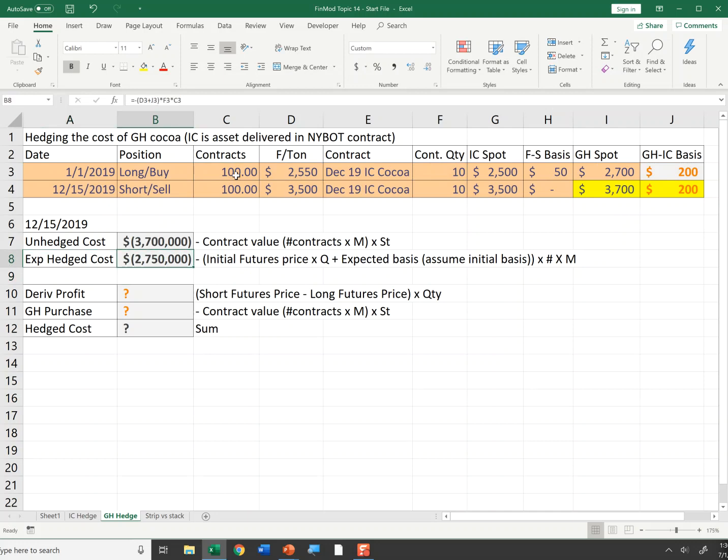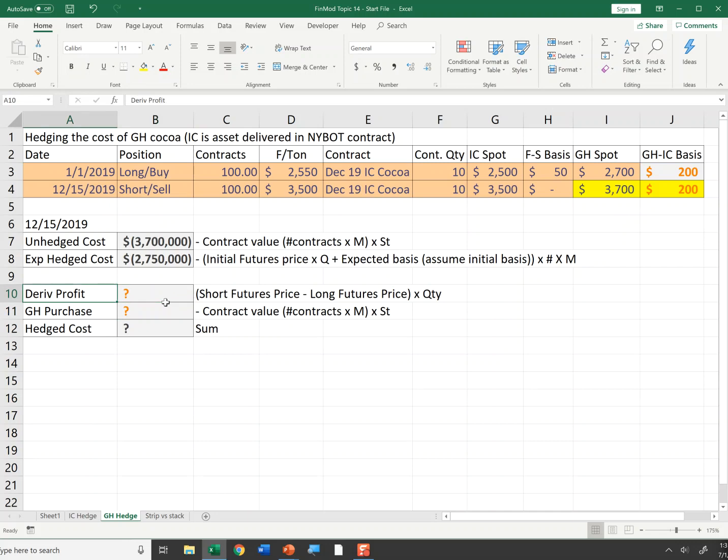So once they put on the hedge, they effectively locked into $2,550 to buy the Ivory Coast cocoa, which they're not actually going to buy. They're going to just profit from the price change, and then pay up the extra $200 to buy the Ghana cocoa. So let's look at that in the actual two trades or two transactions they're going to make.